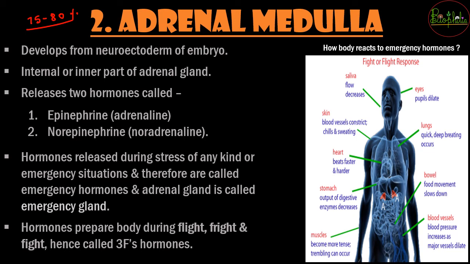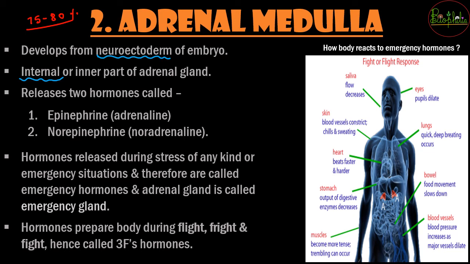So this adrenal medulla is going to develop from where? It develops from the neuroectoderm of the embryo, and it consists of the inner part of the adrenal gland. Now which 2 hormones are released from the adrenal medulla?